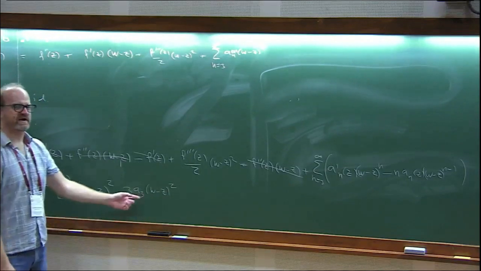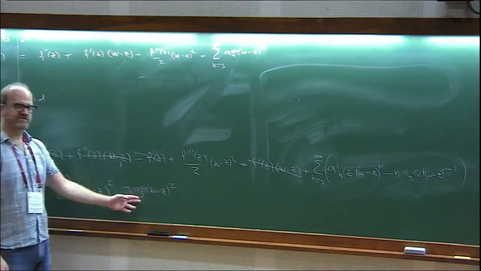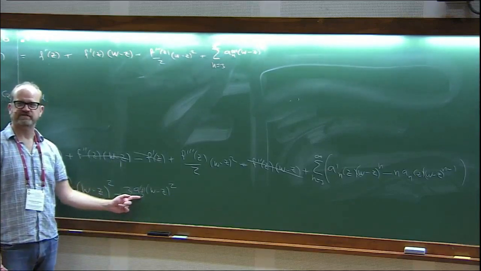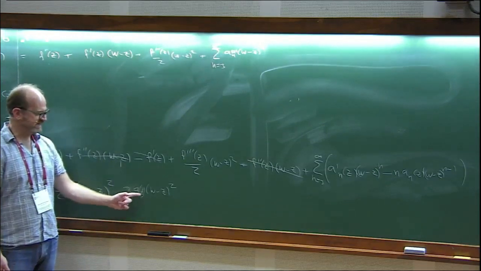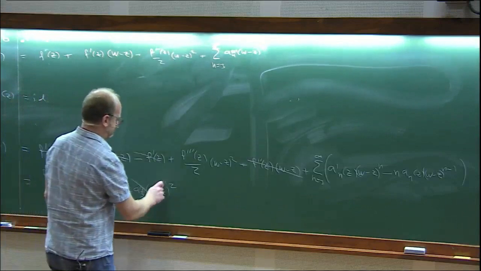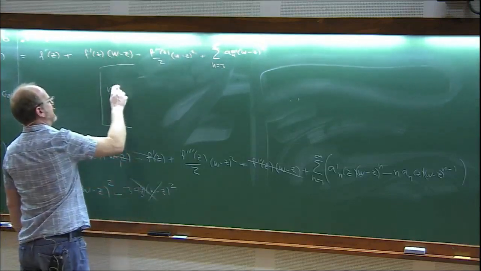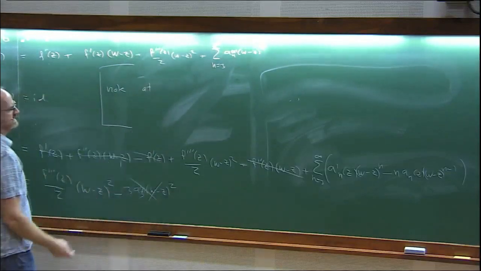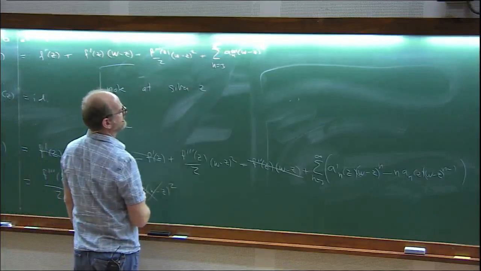Okay, but what is a_3 at z? This is just the Taylor series. This is just the third term in the Taylor series for the identity. So at z, this is 0.